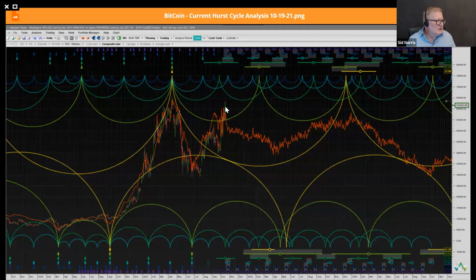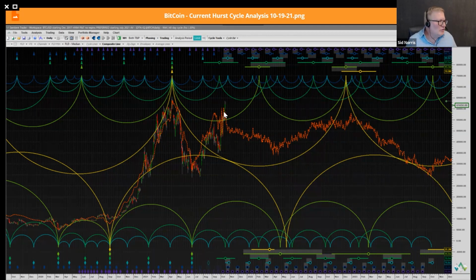And you can see that Hurst, this orange line is the composite line, is bearish from about exactly now all the way into April, May of next year. Then it's looking for some upside after that, into around maybe January of 2023, and then a bigger down leg.